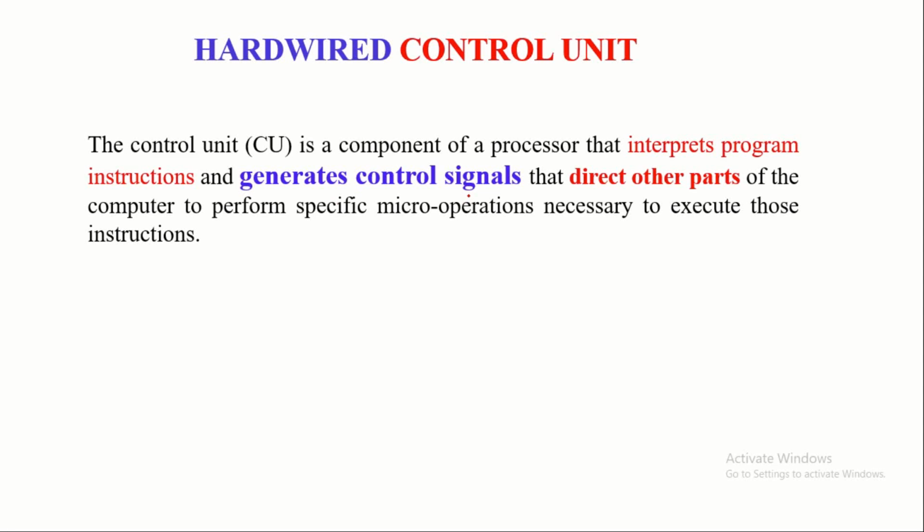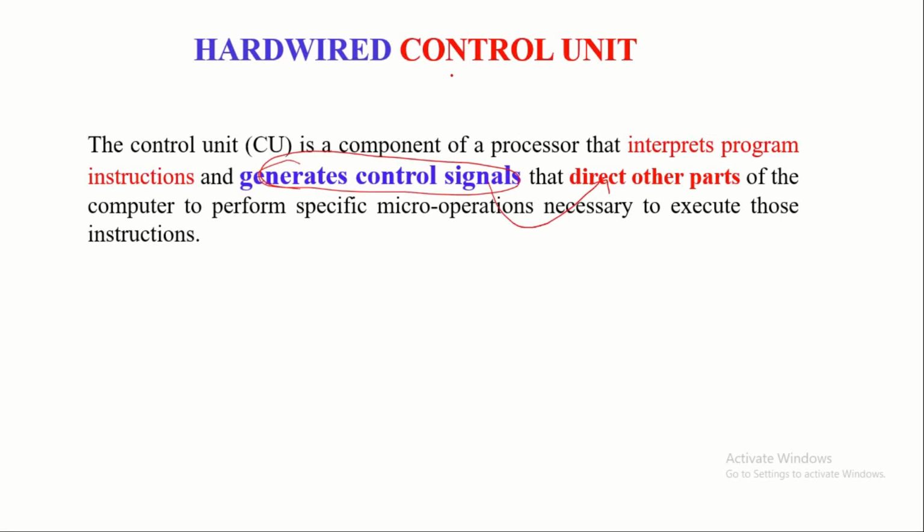The important function of the control unit is to generate control signals. Its only function is generating control signals. Through control signals only it directs other parts of the computer to perform required micro operations.